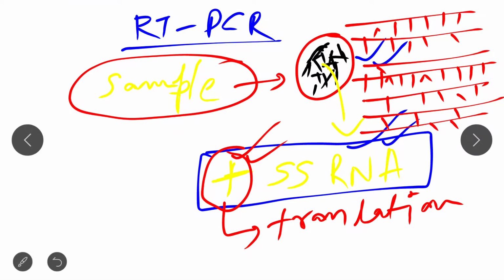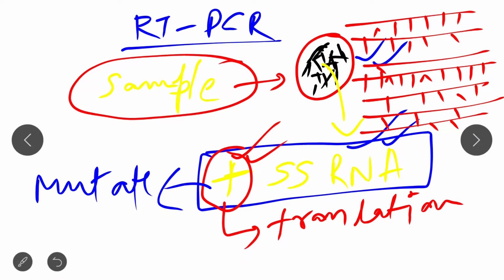Another important thing I want to mention is that it can mutate itself. That's why it's very, very dangerous: first of all, it can translate its own genetic material. Second, it can make more and more of its RNA copies.